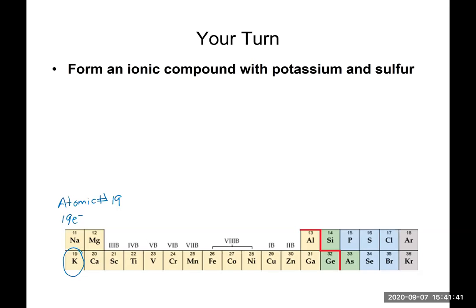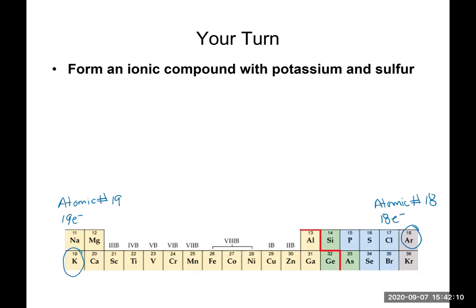Now, if we look for the noble gas that is chemically closest to potassium, that would be argon over here. Argon has atomic number 18. That means that argon has 18 protons, and more importantly for us right now, because we're talking about chemical reactions, argon has 18 electrons.